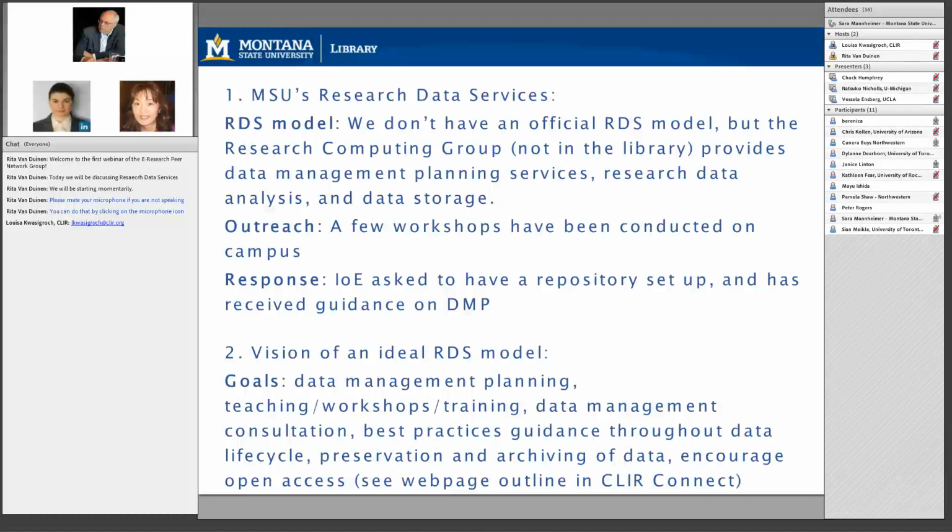Our vision, do you want to add to that, Paul? I guess all I can add is that we're really just now getting all of our responsibilities sorted out as far as what kind of services are going to be offered by the centralized research computing group, and what kind of things are going to live in the library. So this is an ongoing conversation.